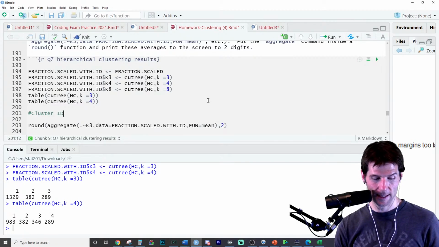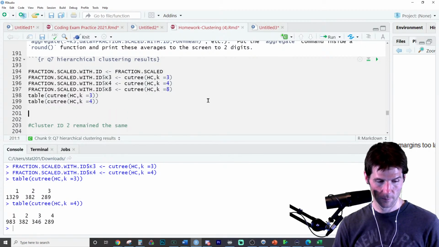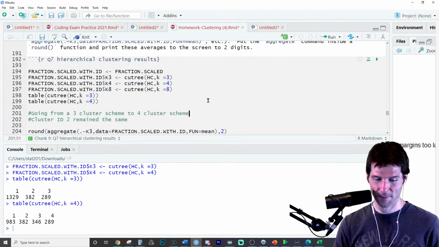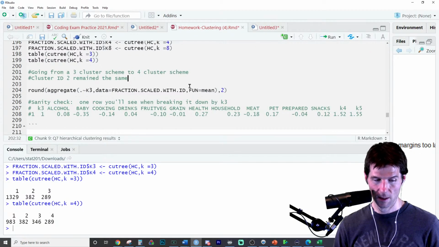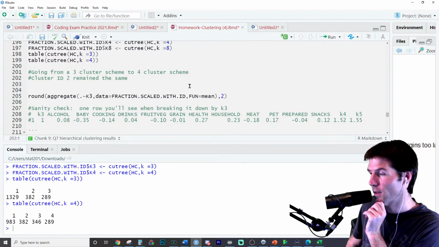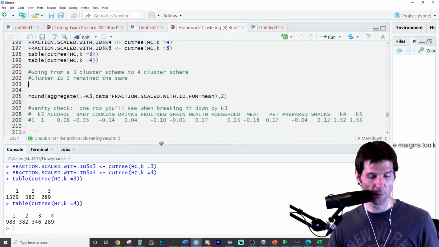Cluster ID 2 remained the same. So going from a 3 cluster scheme to a 4 cluster scheme, what else do we notice? Cluster 1 split into 1 and 3. You can check this mathematically.